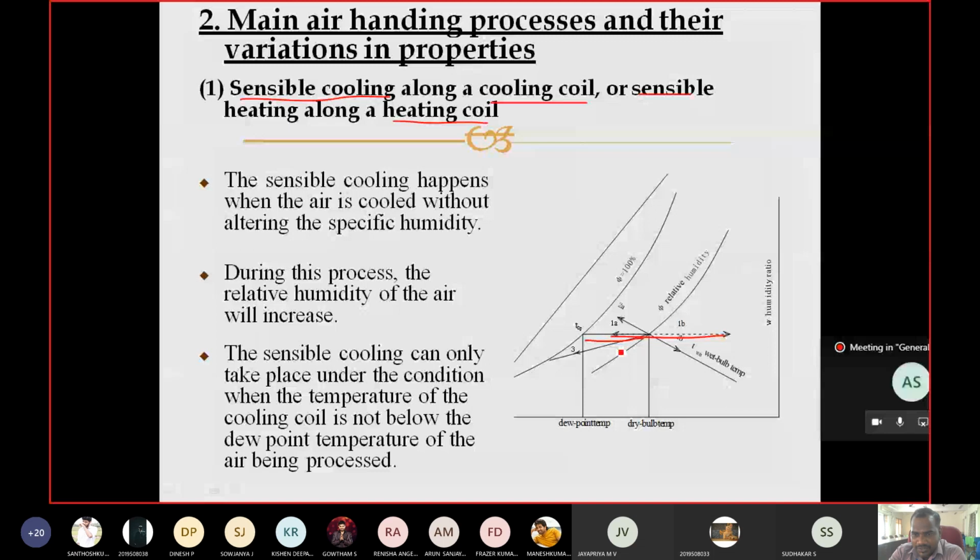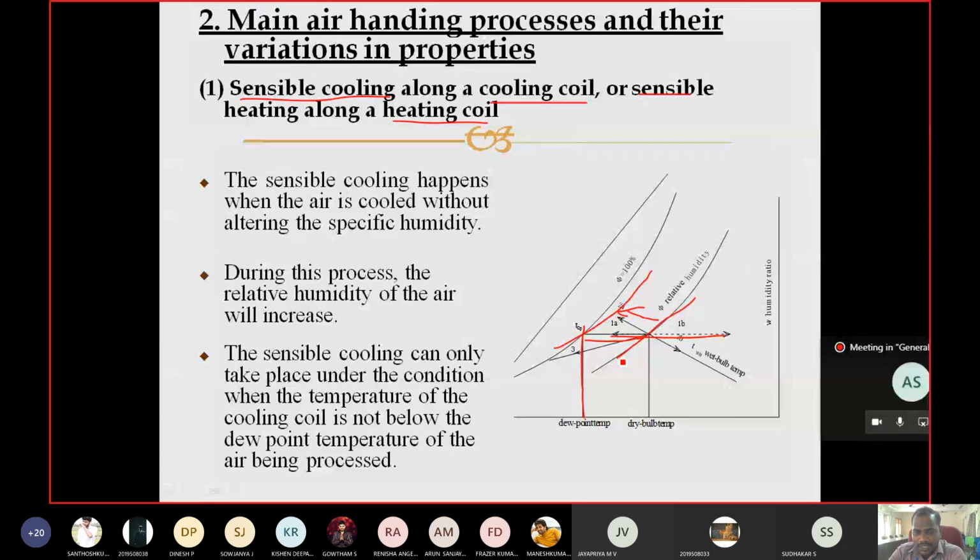For example, if this is 80% relative humidity, cooling can take us to 100% relative humidity. Sensible cooling can only take place when the temperature of the cooling coil is not below the dew point temperature of the air being processed. This is the dew point temperature, so the coil temperature should be above the dew point temperature.